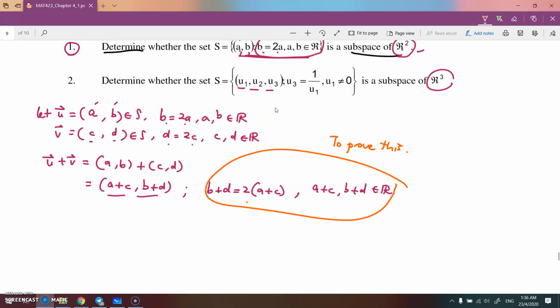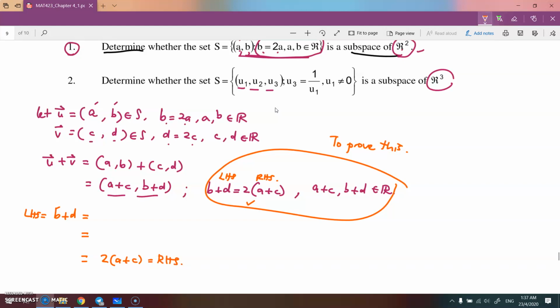I will show you the first one first. B equal to 2A: this is the left hand side, and then you have the right hand side. So this is your left hand side, B plus D, and you have to prove until you get to 2 times A plus C, the right hand side.